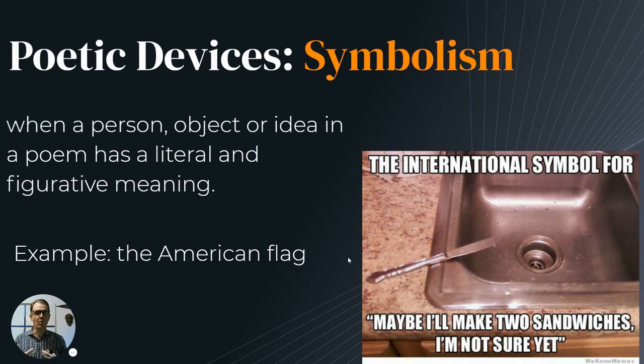It means more internally to people. And it has various meaning depending on the person and the situation, right? We have other symbols like the international symbol for maybe I'll make 2 sandwiches. I'm not sure yet, right? Whenever I've shown this in class, I get several students that kind of nod their head. They know that's what this means, right?